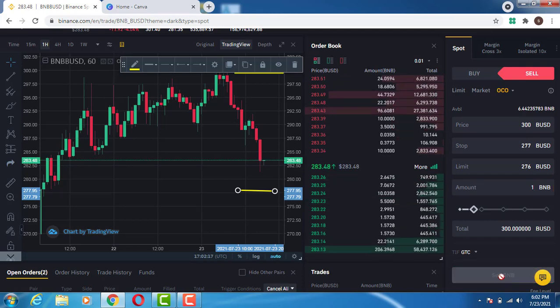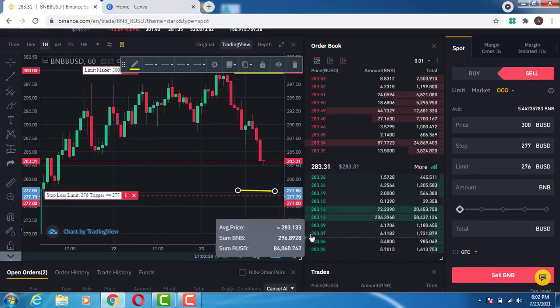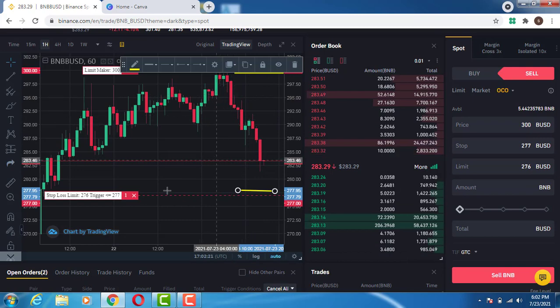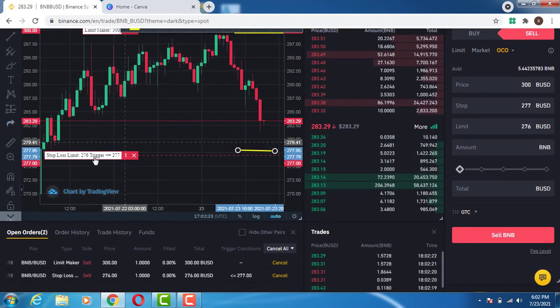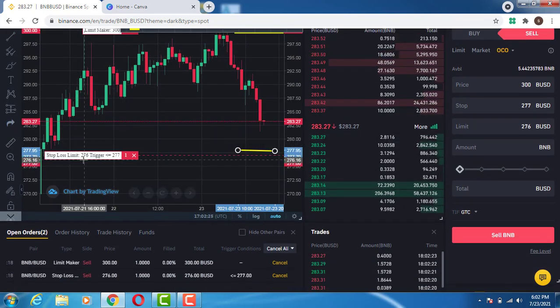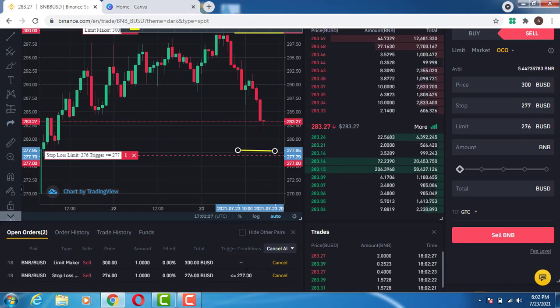So once I click sell, the order will be executed and you will see the order placed right here. So in this example, you see the stop limit order will be triggered when this condition is reached, and the condition here is 277. That is, 277 BUSD must be reached. The price must be reached first before it will trigger as a normal limit order at the price of 276.